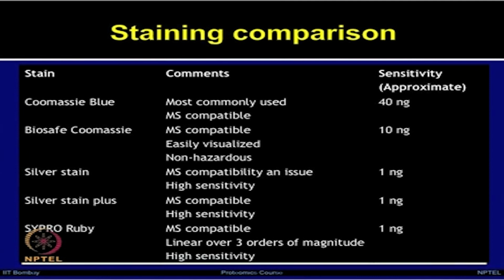It is compatible for mass spectrometry. Sensitivity is in the range of 40 to 100 nanograms. BioSafe Coomassie, that is also MS compatible, another advanced form of Coomassie staining which is environment friendly. It is non-hazardous and it offers sensitivity in the range of 10 nanograms.